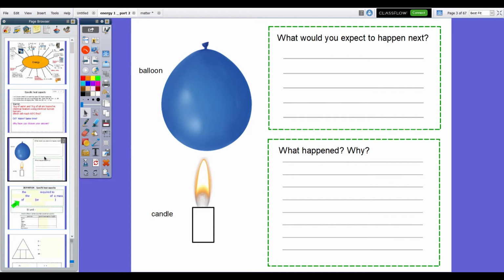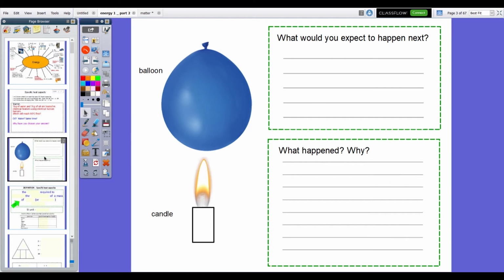If I was in the lesson now, I would have a balloon and I'd hold it above a candle, and the balloon would burn and pop as soon as you brought it close to the candle. Then I would produce another balloon that looked identical, and I would hold it over the candle, and if you hold it well, which it normally goes, sometimes it doesn't always, the second balloon doesn't pop.